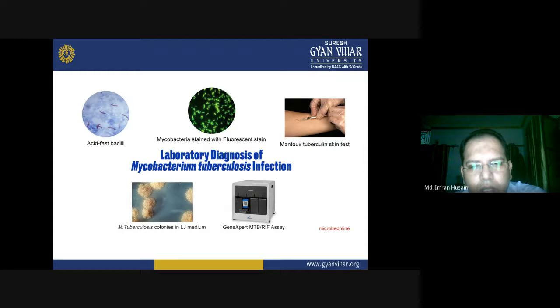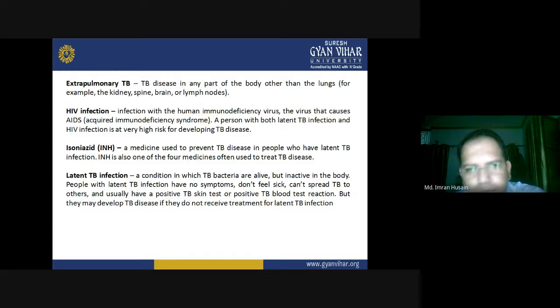So, laboratory diagnosis of Mycobacterium tuberculosis infection is done by acid-fast bacilli, Mycobacterium stained with fluorescent stain, the Mantoux tuberculin skin test, Mycobacterium colonies in culture medium, or the GeneXpert MTB/RIF assay.